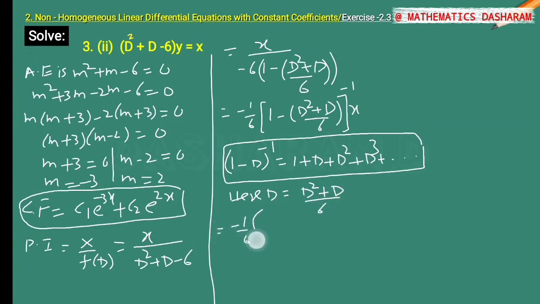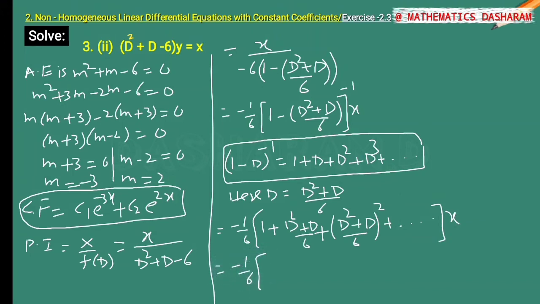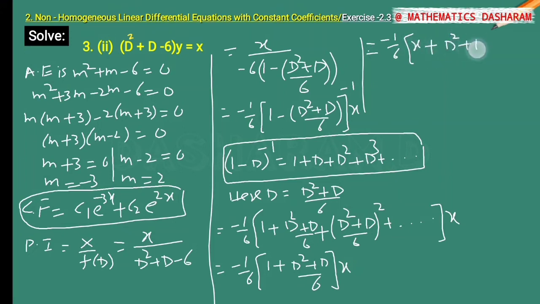So continue the answer: -1/6 [1 + (D² + D)/6 + ((D² + D)/6)² + ...] into x. So here neglect the higher derivatives, only (D² + D)/6 into x. Now it is equal to -1/6, x multiplied inside (D² + D)/6 into x.